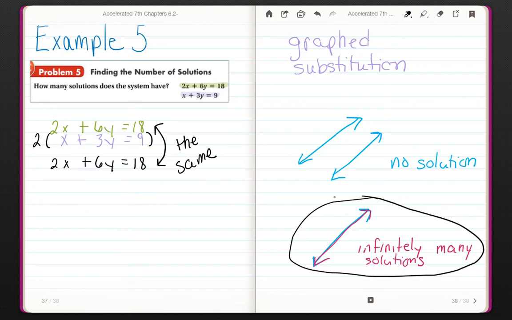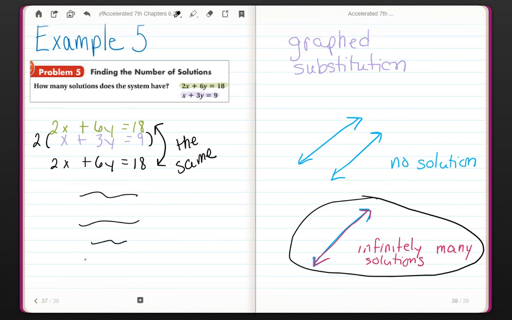I don't need to do anything else. They're infinite. Just like in substitution, however, if you do the math and you get down to the bottom, you have no variables left. You get 4 equals negative 13. They do not, so therefore there is no solution.